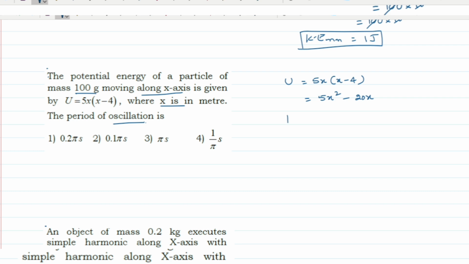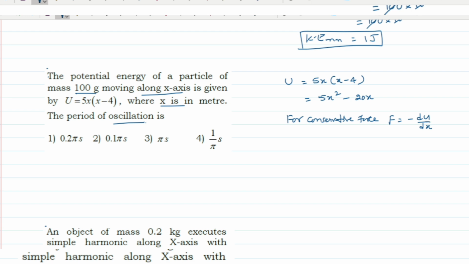So you know, for conservative forces, F equals minus dU by dx. The force is the negative of the change in potential energy per unit distance.